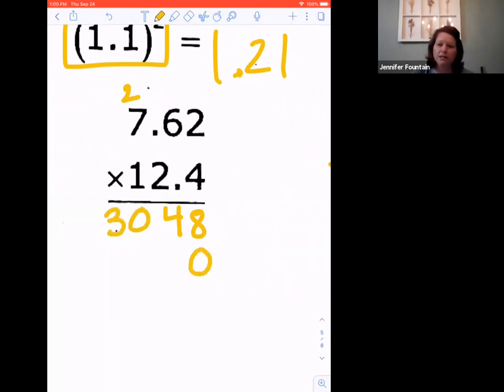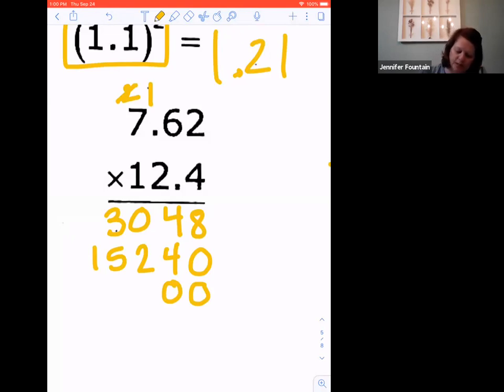Put my placeholder 0, because I need to shift over. 2 times 2 is 4. 6 times 2 is 12. Put down my 2. I'm going to cross that out and carry my 1. 7 times 2 is 14, plus the 1 I carried is 15. This time I put 2 placeholder zeros because I've got to move over 2 places.